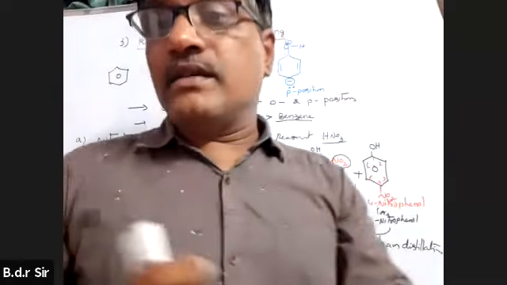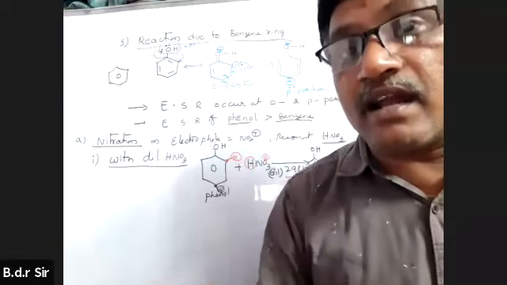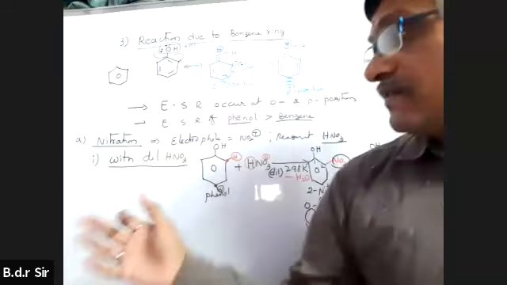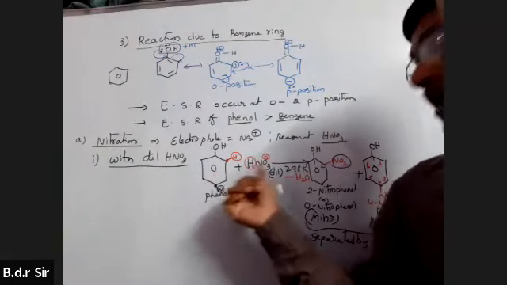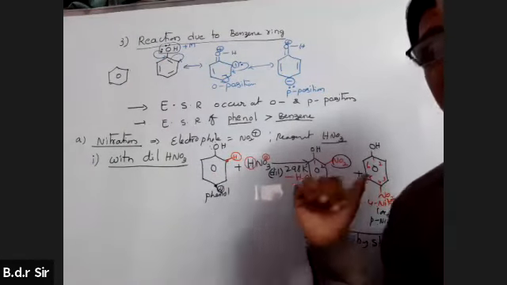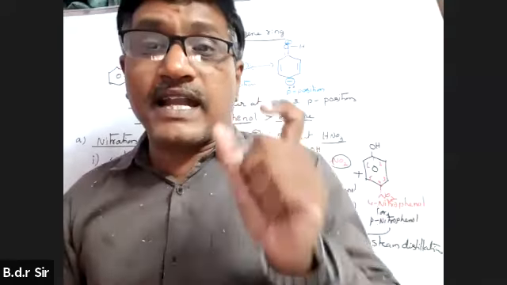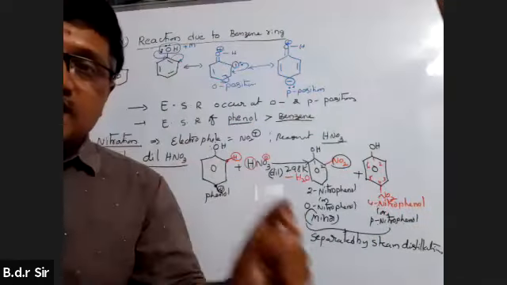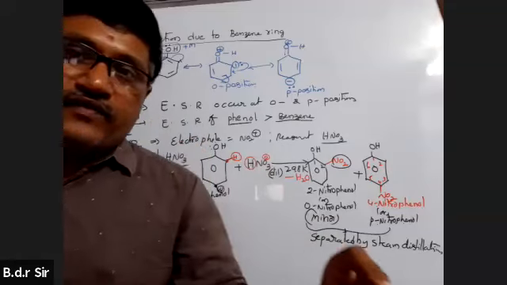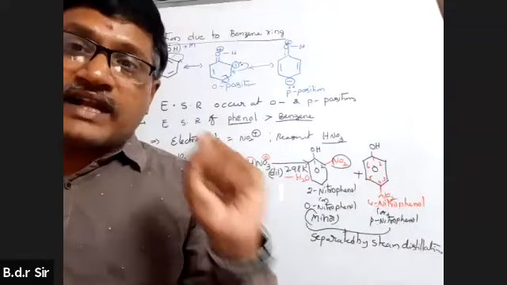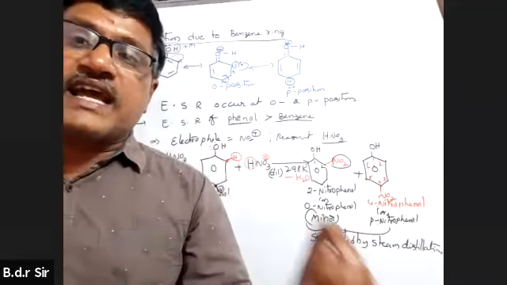Important order: what is the correct order of acidic nature of phenol, orthonitrophenol and para-nitrophenol? Para-nitrophenol is more acidic than orthonitrophenol, and orthonitrophenol is more acidic than phenol.